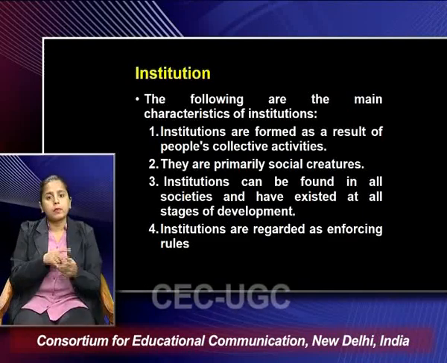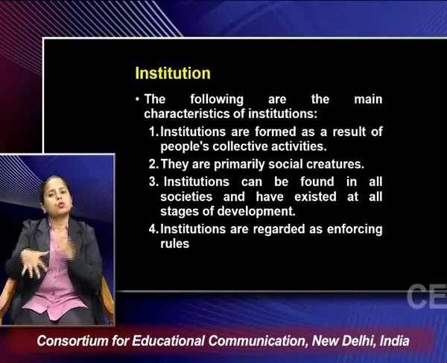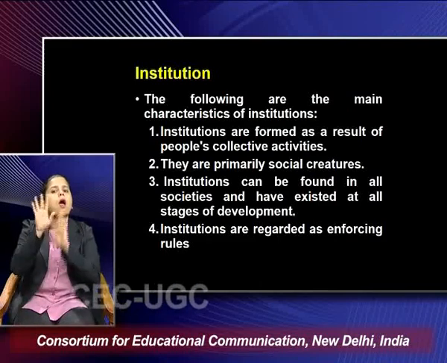Number three, institutions can be found in all societies and have existed at all stages of development. The institutions kind of change with time, with progress, with development. So we have the institution of family, and we see how the structure of the family is changing and the membership of family residing together is changing.